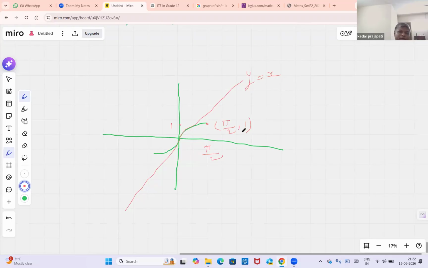Then what is my ultimate purpose? My inverse should exist in such a way that it is A and B, right?